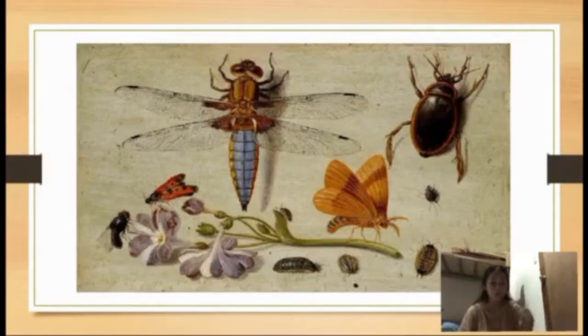In this picture, the source of subject is nature, and the kinds of subject are, as you can see, animals, flowers, insects, shells, fruits.